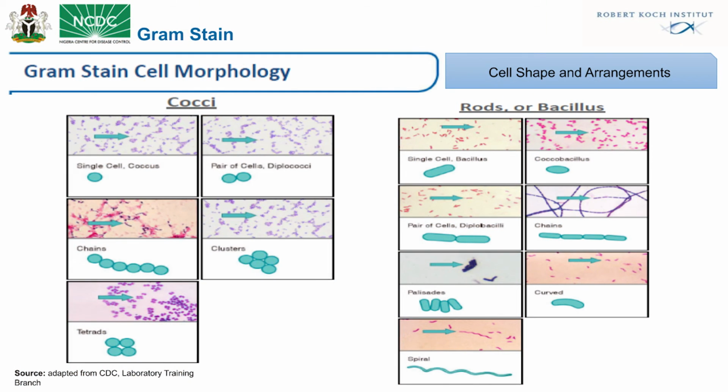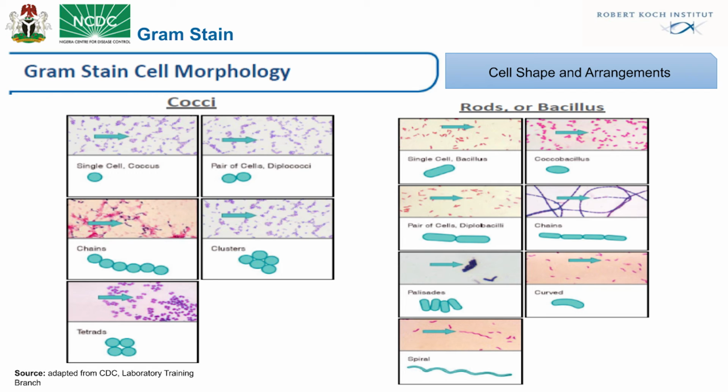It's also pertinent to know that for the gram positive organisms, there are different morphologies in terms of the shapes and arrangement. For the cocci, you have the single cocci, you have the diplococci, with 2 gram positive cocci fused together. You also have the ones in chains, such as the streptococcus.